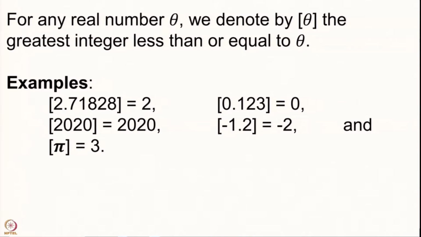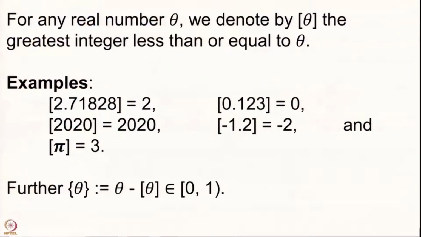Remember that pi has this expansion 3.14 something something, and therefore, its floor function will give you the number 3. Now, of course, when you take any real number theta and look only at the floor function applied to it, then you have only an integer, and somehow you do not want to miss out on the information of theta.